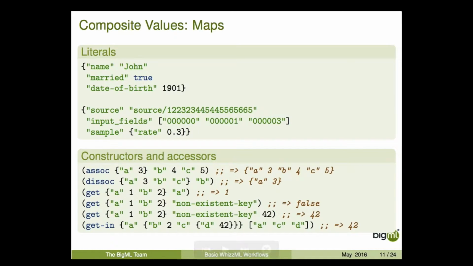Importantly, in WhizzML, keys in maps must be strings, which is a constraint imposed for a number of different reasons. But it's important to know that if you try to define a map that has a key as something other than a string, the language will be upset with you.